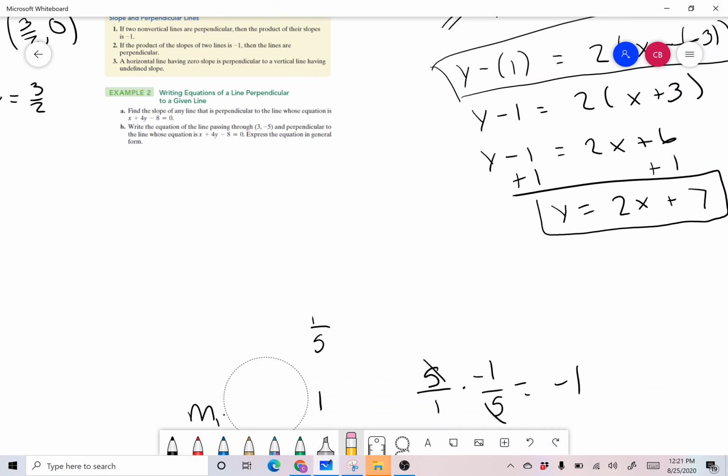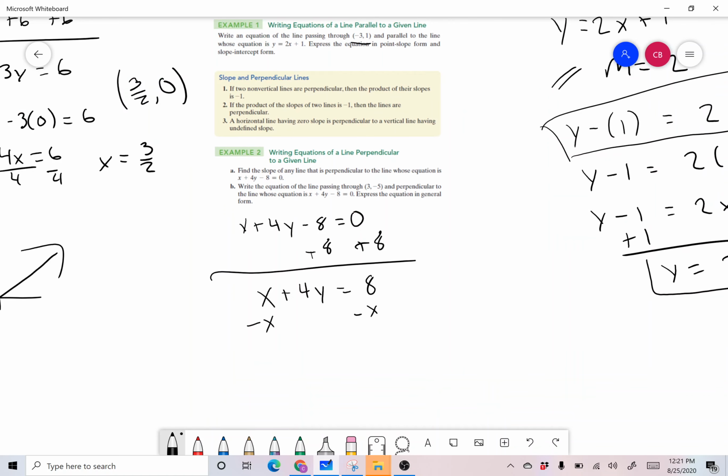We have x plus 4y is equal to 8. Subtract the x. 4y is equal to negative x plus 8, divided by 4. And y is equal to negative 1/4 x plus 2.